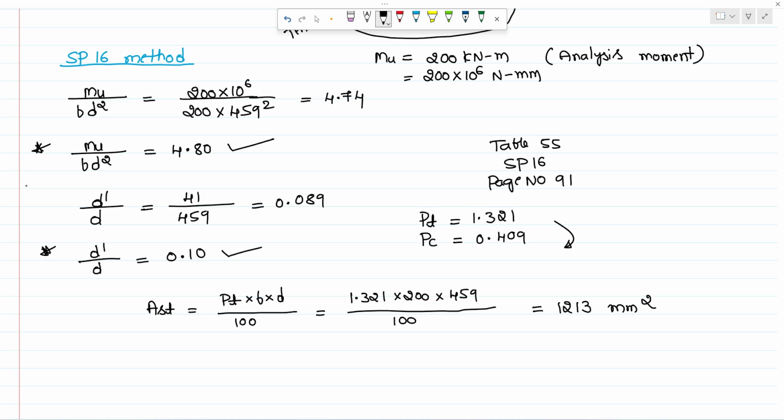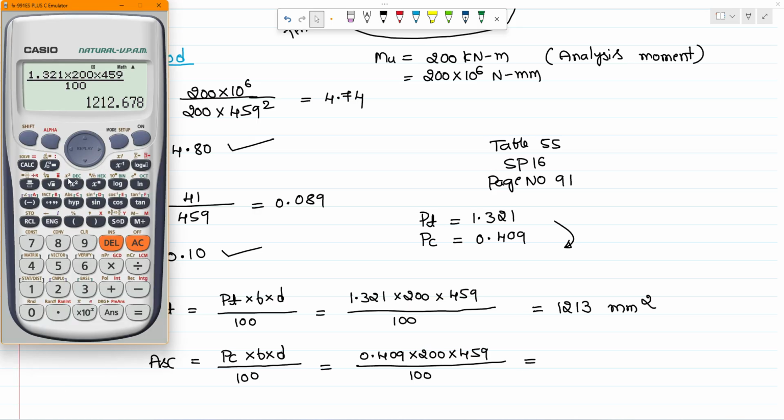Next, ASC. It will be PC BD divided by 100, which is 0.409 multiplied by 200 multiplied by 459 divided by 100.